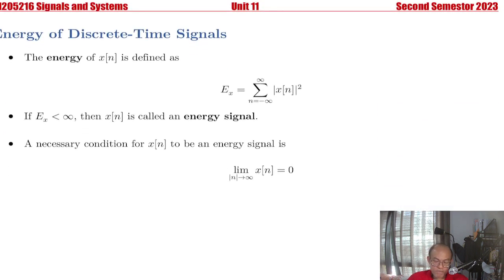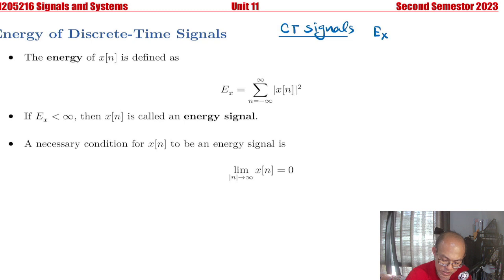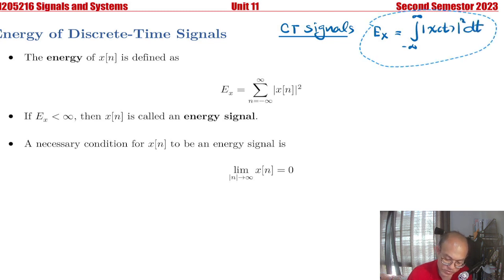Now, energy of a discrete time signal. If you recall, if x is a continuous time signal, then the energy of x is defined as the integral of the magnitude of x of t squared, with integration with respect to t.